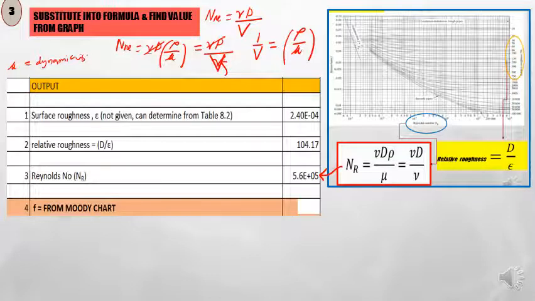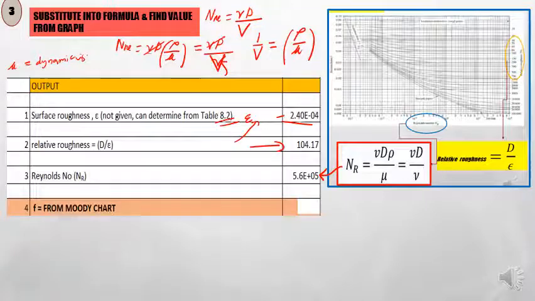and you can find the surface roughness from table 8.2, which is 2.4 times 10 to the power of minus 4 in the category of ductile iron pipe surface. And once you have the value, you can divide diameter by surface roughness. So this is the surface roughness, the value of E. Okay, and D is given, and you get this value.